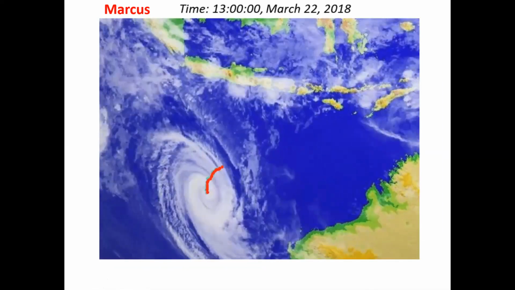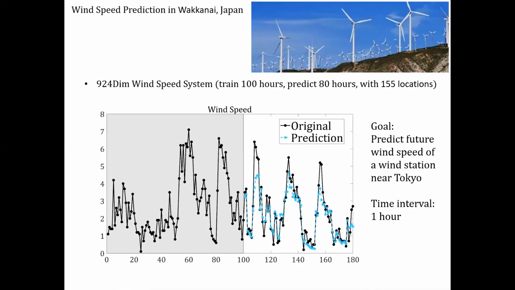So this is for wind power, which is very difficult to predict. We use data from Tokyo Electric utility. They have wind speed recording devices at 155 locations.